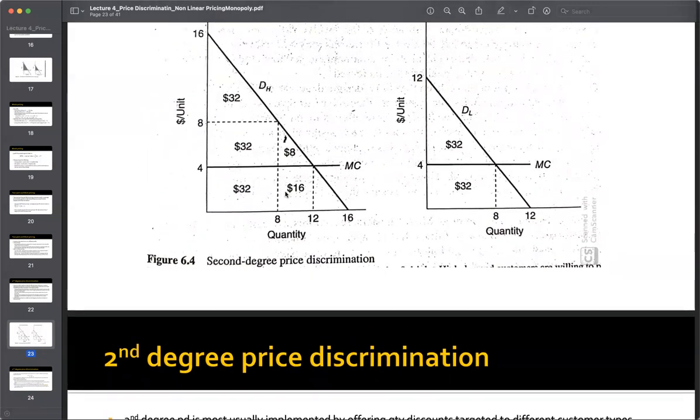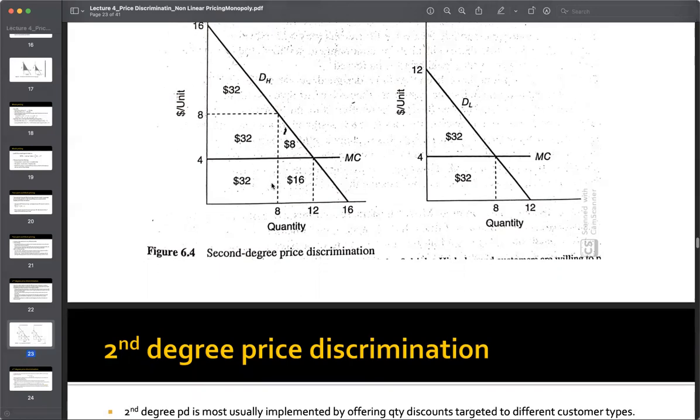Instead of that, they would prefer to buy 8 and pay 64, which is what the low people are paying. 32, 32, that's 64, which would leave them with a utility of 32. So they would prefer to consume less and have extra money in the end than purchase 12, but then all of their consumer surplus is transferred to the monopolist.